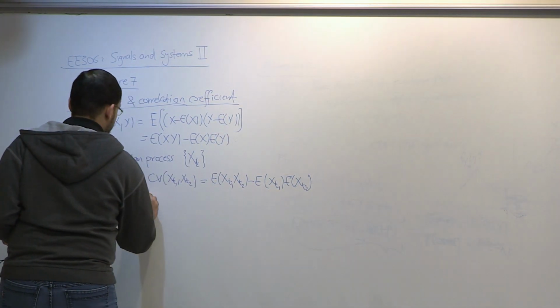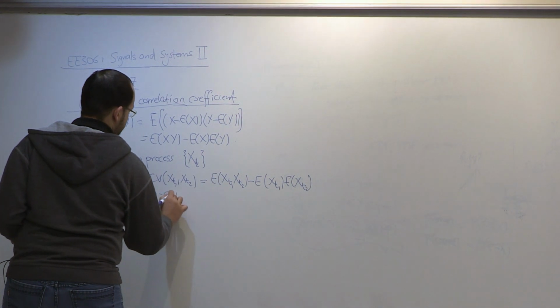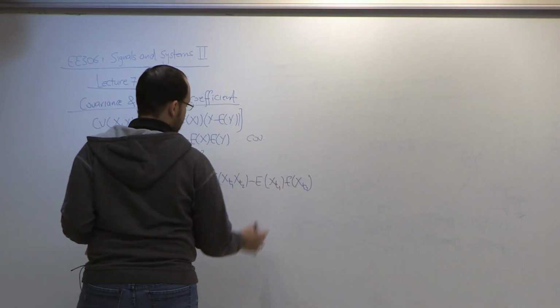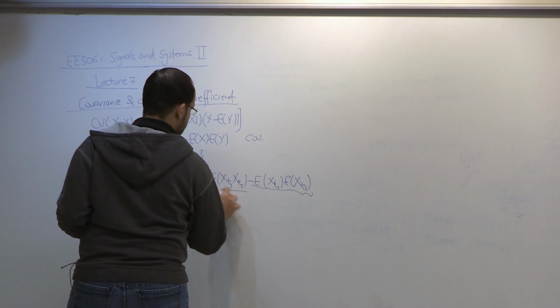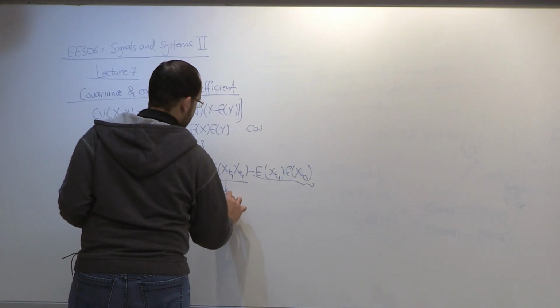This is the autocovariance. This is the covariance. And when you remove this part alone, it is the autocorrelation.